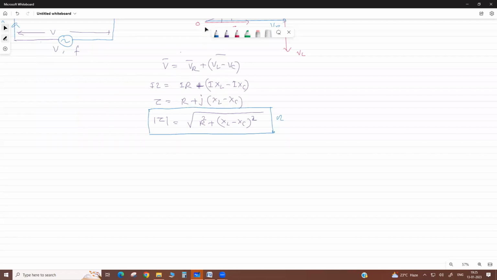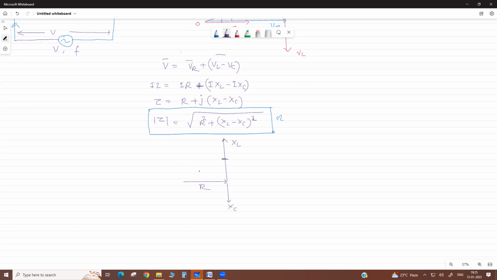Correct? If we talk about the impedance triangle, my dear, this is your resistance R. Now this is XL. This is XC here, downside.